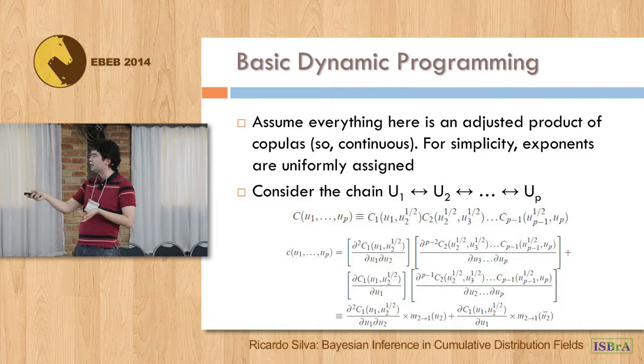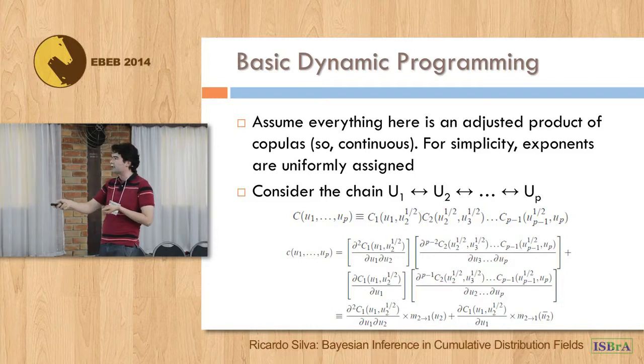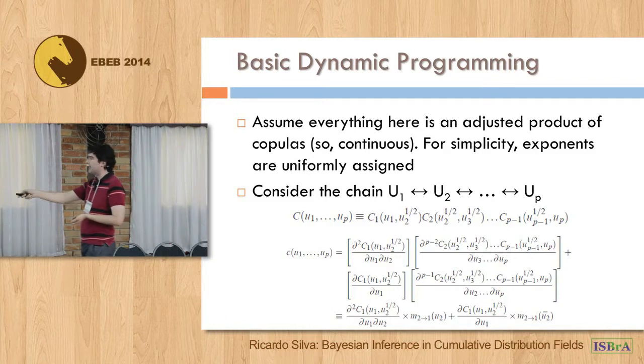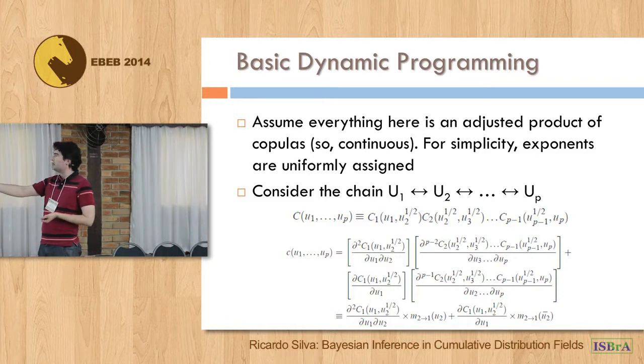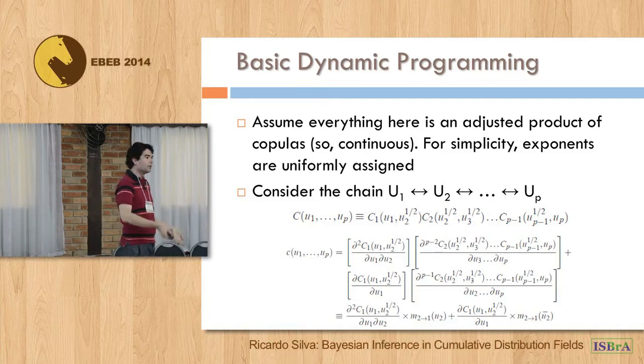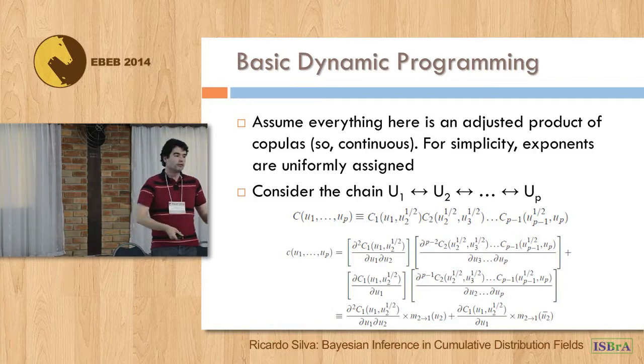Differentiate with respect to U2 in the first factor, but not with respect to the rest. Then you add the differentiation of the second set of factors with respect to U2, but not with respect to the first factor, and you iterate that. So you apply again the product rule within each one of these factors. This is a type of dynamic programming procedure to do differentiation instead of integration.